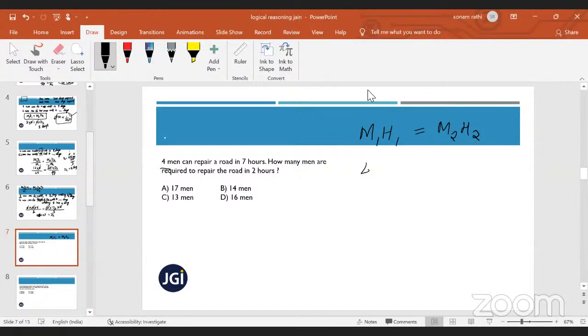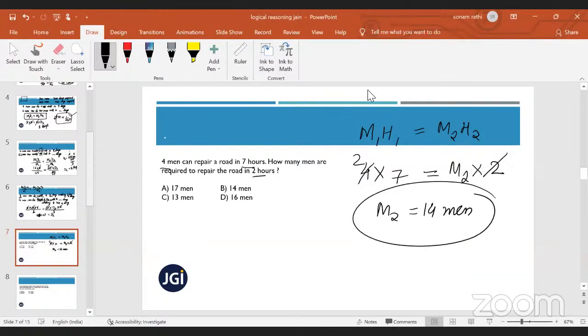Men1 is 4, Rs is 7, Men2 we don't know, Rs is 2. So M2 is equal to 14 men. Right? Simple. Once you understand the formula properly, you will be able to solve all the questions. Okay. Moving to the next question.